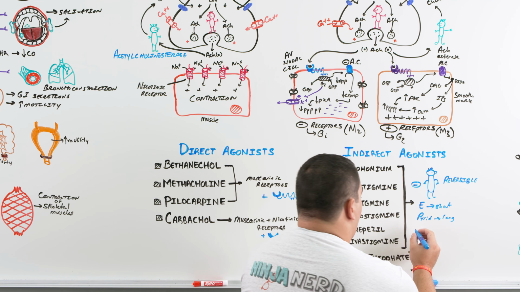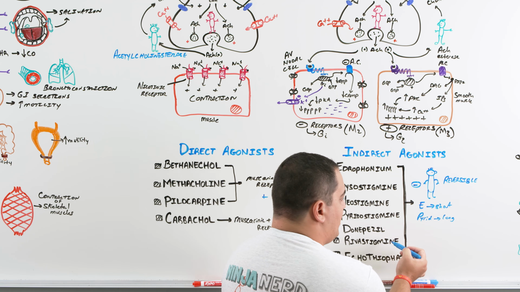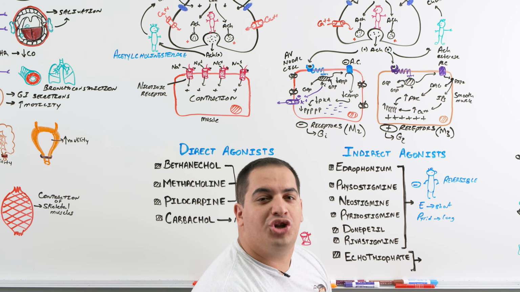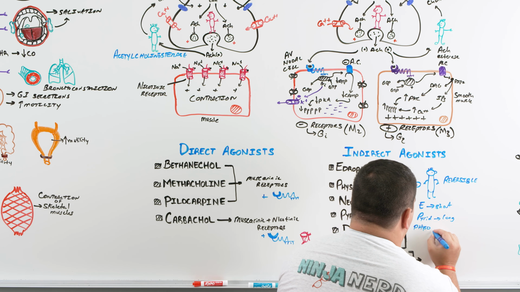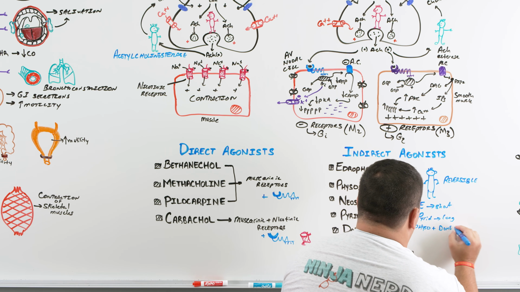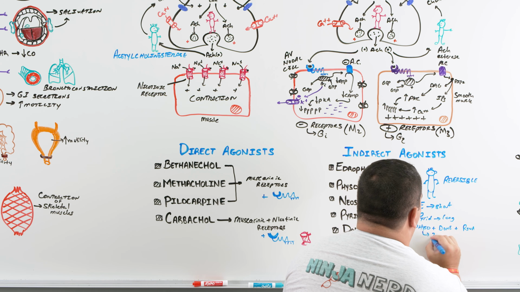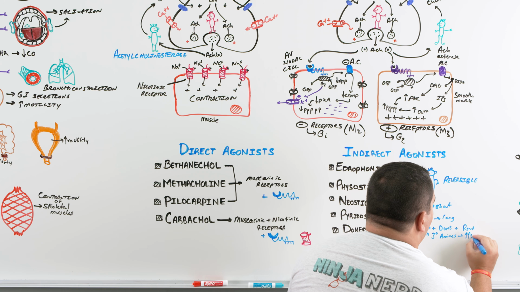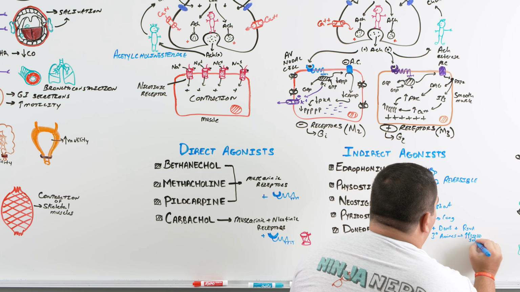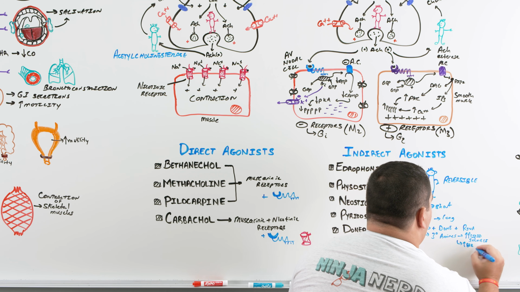The other thing that's also important to remember is that physostigmine, donepezil, and rivastigmine are all what's called tertiary amines. So let me actually write that down. Physostigmine, donepezil, and rivastigmine are all tertiary amines, meaning they are very highly lipid soluble, meaning that these can penetrate into the central nervous system, increasing blood-brain barrier penetration.